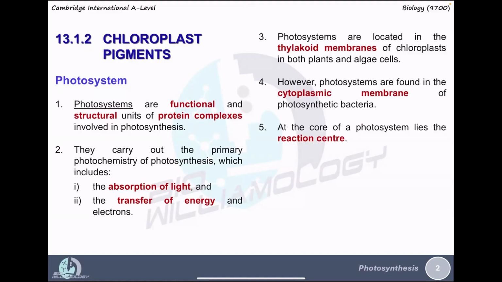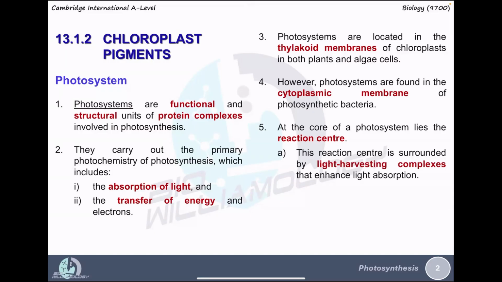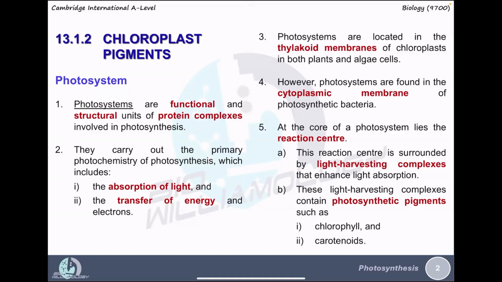At the core of this photosystem lies the reaction center. This reaction center is surrounded by light harvesting complexes that enhance the light absorption. These light harvesting complexes contain photosynthetic pigments such as chlorophyll as well as carotenoids.